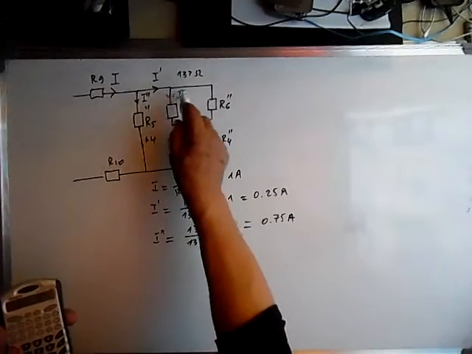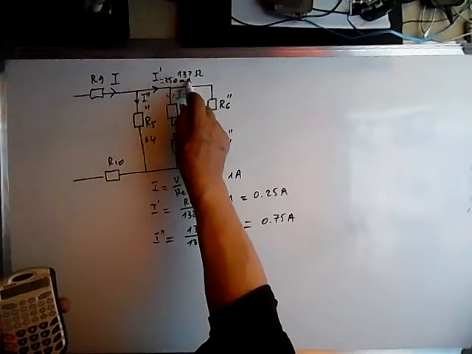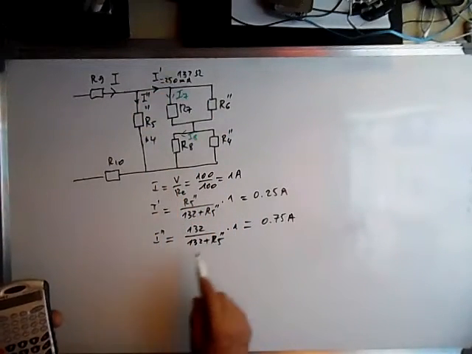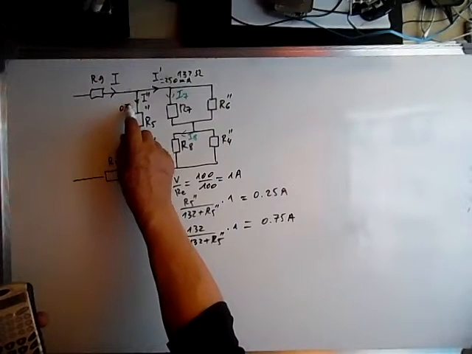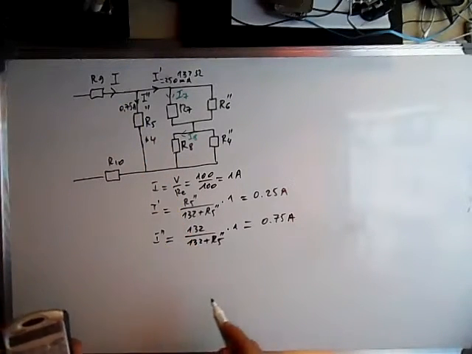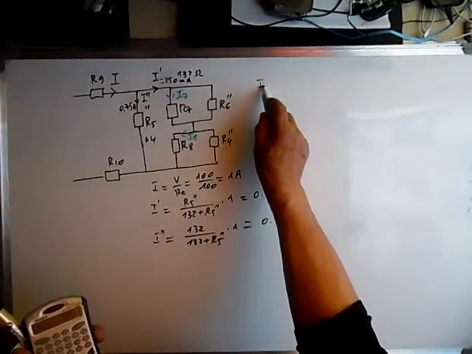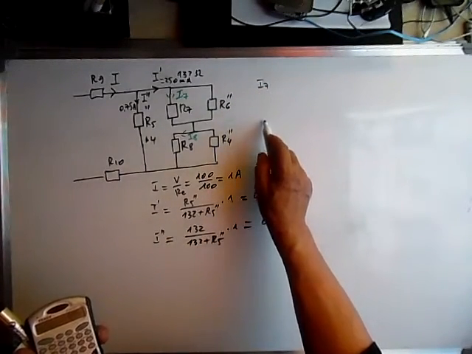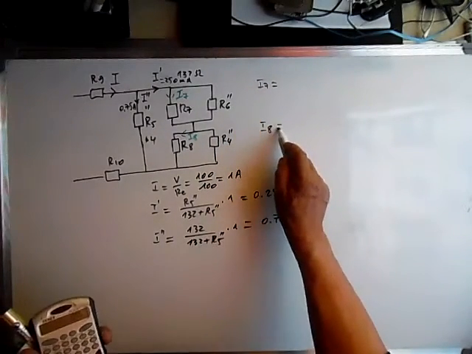So it means here it's 250 milliamp flowing here, and here we have 0.75 amp. Okay, once we have calculated this by current divider, we can calculate I7 and I8, which we need these two currents.